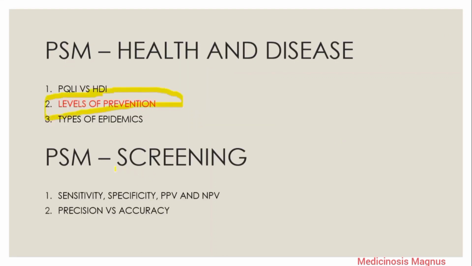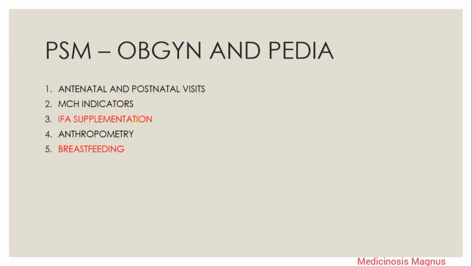Some cases have been asked on screening, specificity and sensitivity calculations. In OB-GYN and pediatric preventive care, you will be asked about iron and folic acid supplementation and breastfeeding. Apart from this, you can answer by reading in OB and pedia.